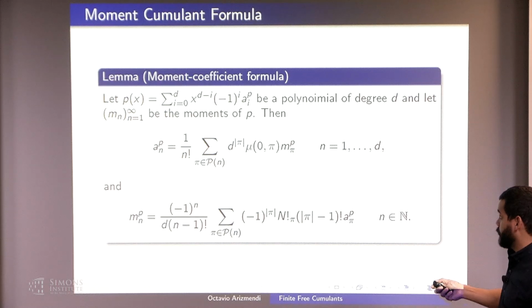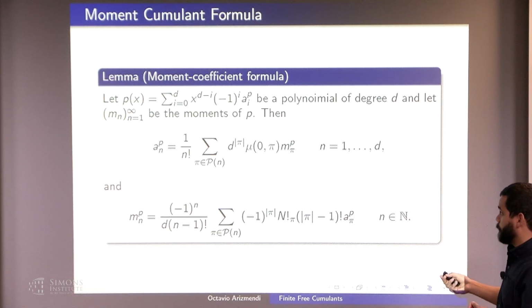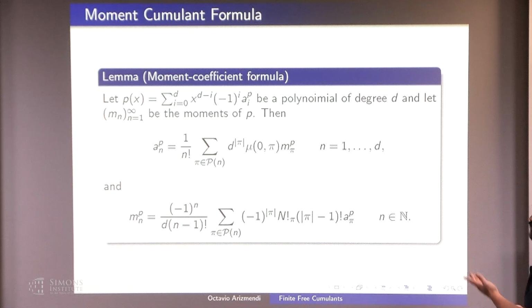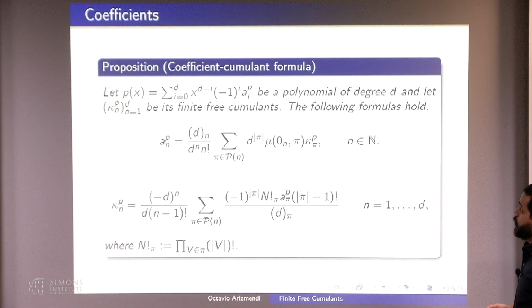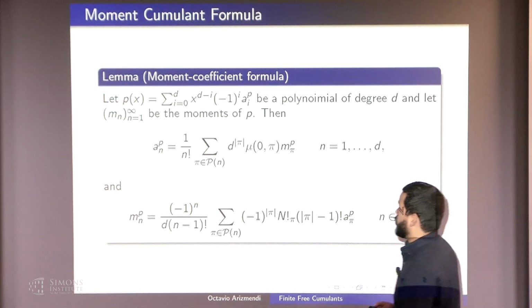so how to get from a polynomial's coefficients to the moments. This is just changing basis for the symmetric functions. So this is basically Newton's identities. Can you say what mu 0 pi is? Sorry.